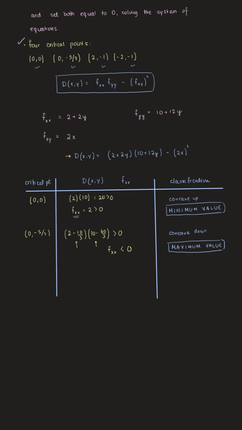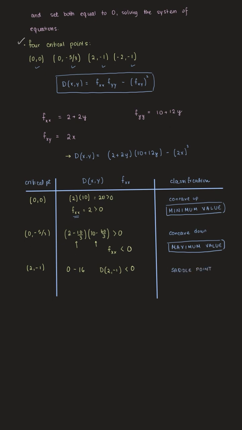But let's continue classifying. Our next critical point is 2, negative 1. At 2, negative 1, if we evaluate the discriminant, we're going to have 2 minus 2 is 0. We're going to have a 0 for the first term and a minus 2x squared, so that's going to be minus 16. Okay, our discriminant is less than 0 at this point, which means we have a saddle point.